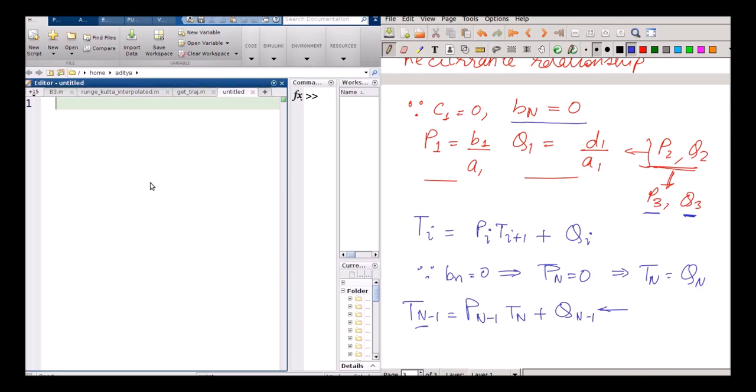So let us go to MATLAB and see how we can implement it, and during this implementation I hope you will pick up a few commands of MATLAB. Let me first define the number of points.